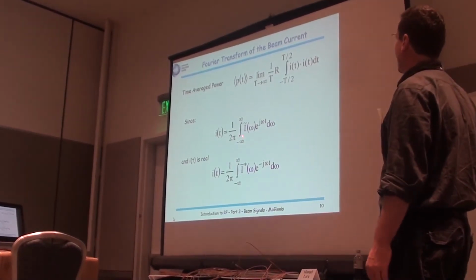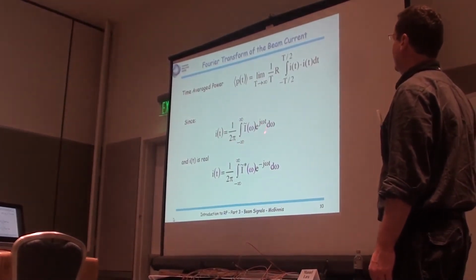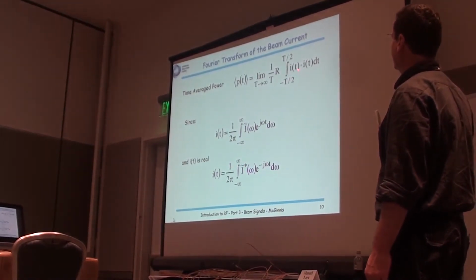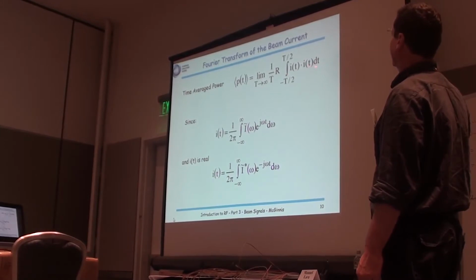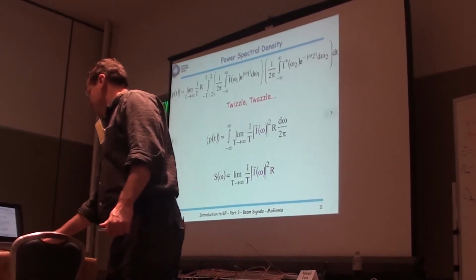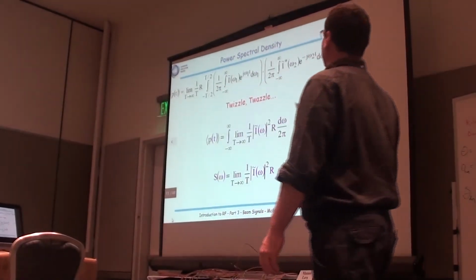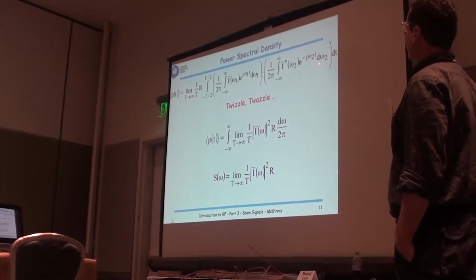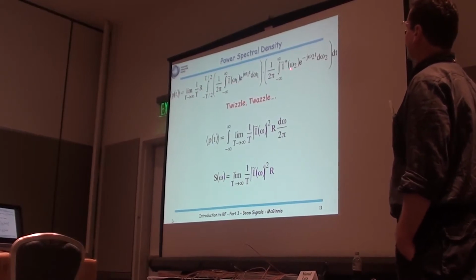Since I of t can be written as a Fourier transform, and I of t is real, you can write I of t over here as well. You get the power into the analyzer is given by this nasty product, and you can work this all out.